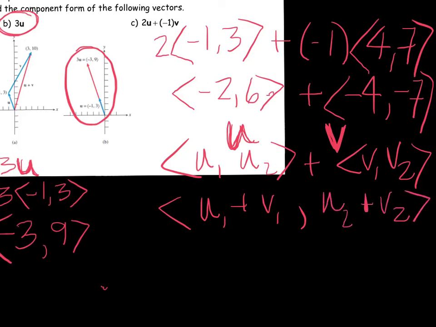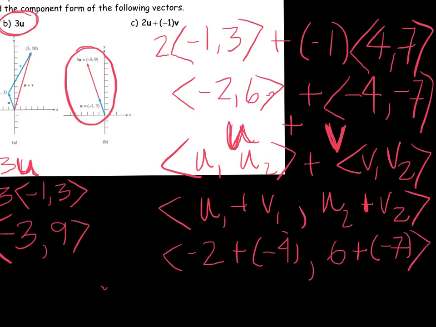So u1 is -2 plus -4. And u2 is 6 plus -7. Alright, my resultant is going to be -6, -1.